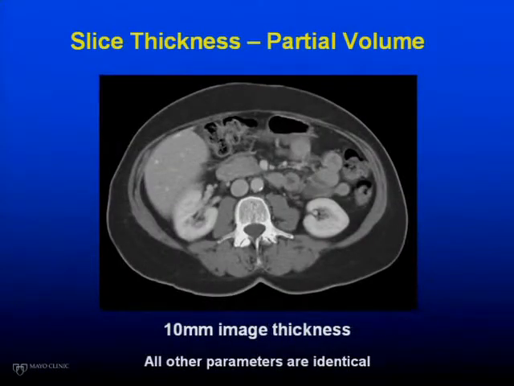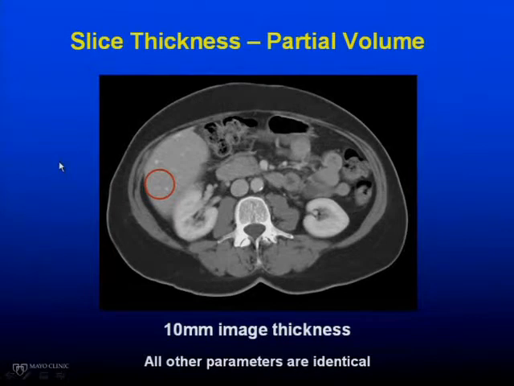Here shows one clinical example. This is an image with a 10 millimeter slice thickness. Can anybody see a small lesion in this image? Yeah, it's right here. It's a very subtle lesion.